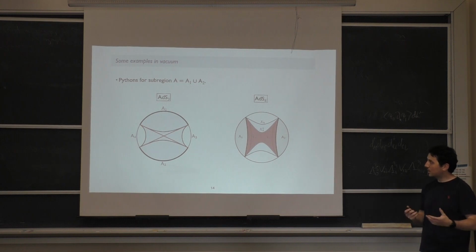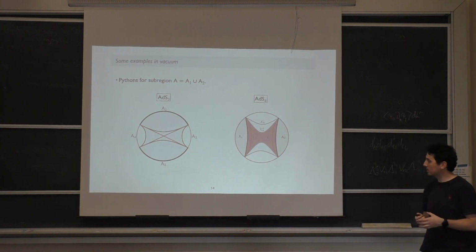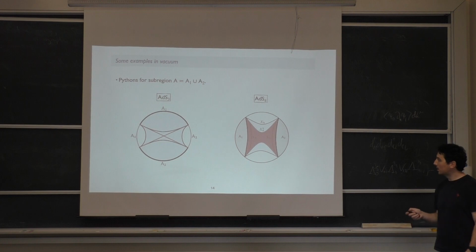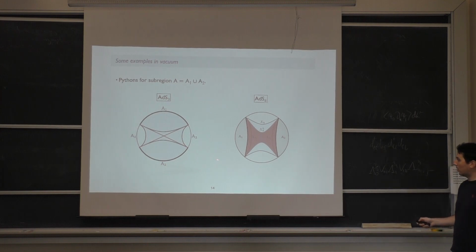But before that, let me just show you some examples of bulges. Let me just focus on vacuum AdS3 and vacuum AdS4 for simplicity. So this example was originally pointed out in the original reference, and it consists of the case of two intervals in AdS3 in the connected phase.